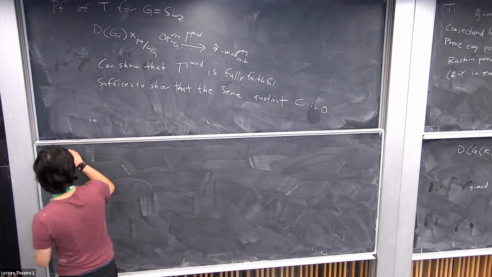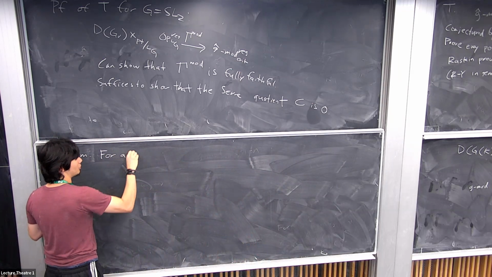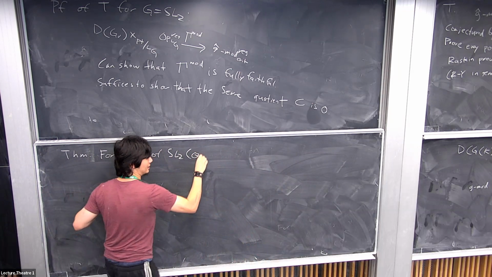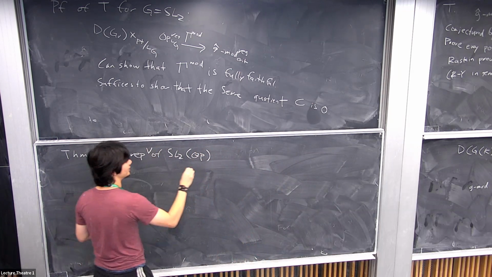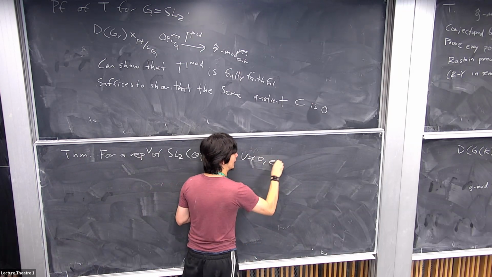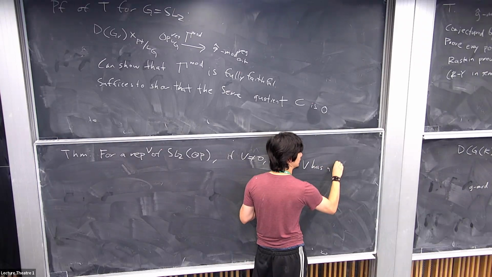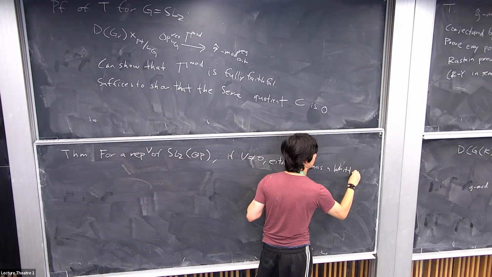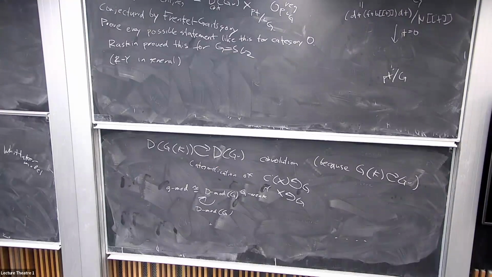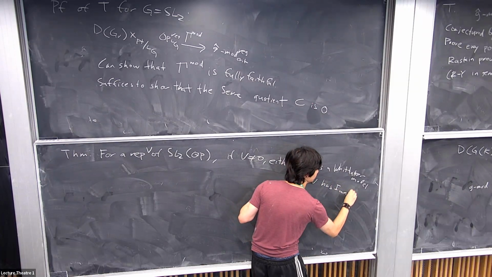And a theorem is that for a representation V of SL2 of QP, if V is non-zero, either V has a Whittaker model or V has Iwahori invariance.